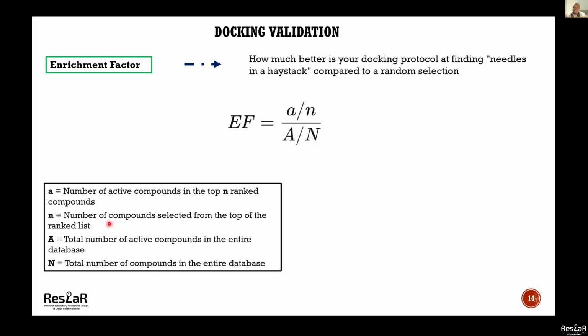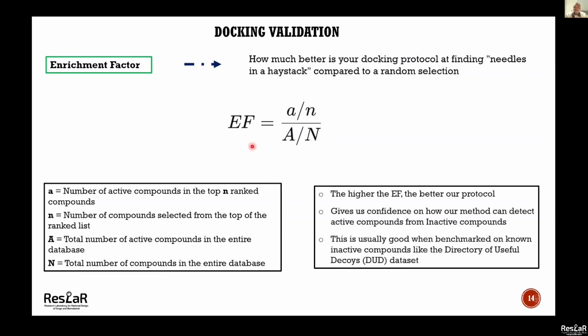Then N represents the total number in that top 10%. Let's say you have a total of 1,000 compounds, and after docking, your top 10% is actually 100, and out of that 100, only 50 are active. Then A represents the number of active compounds, and maybe initially in the pool of 1,000 compounds, 100 were active, but your docking only identified 50 in the top 10%. So you can compute the enrichment factor to judge.